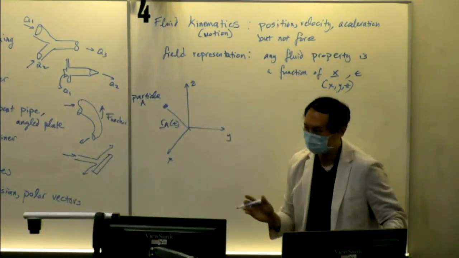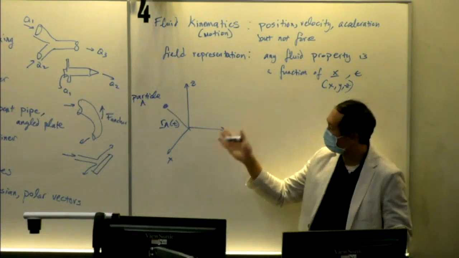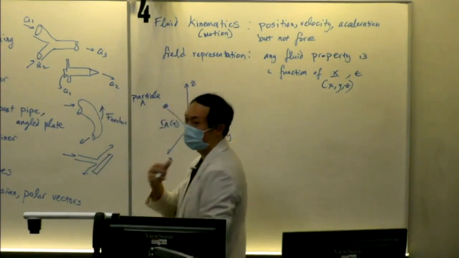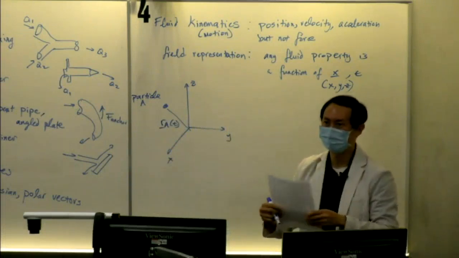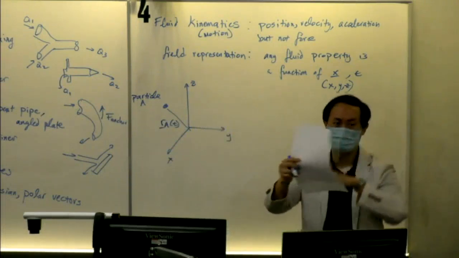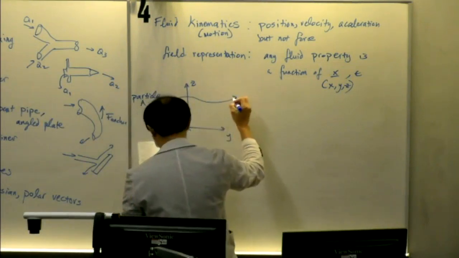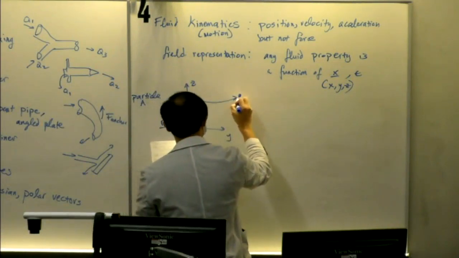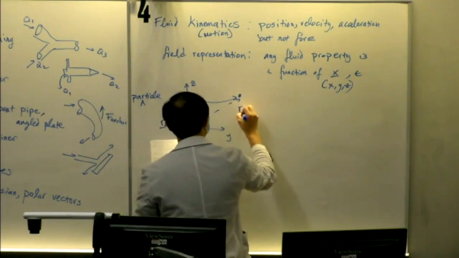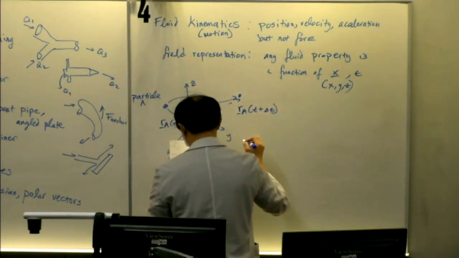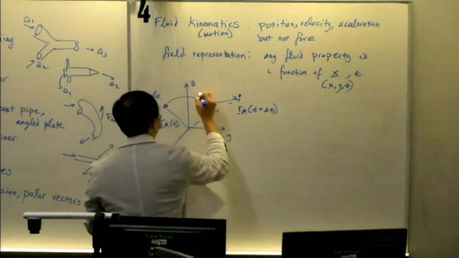Nothing was moving. So to figure out the forces, we just had to look at stuff in space. But now this particle is flying along. Like if I cough without my mask, my spit particle is going to float around the room. So it's going to be moving like this into a new position, r sub A at t plus delta t. And this is the particle path.